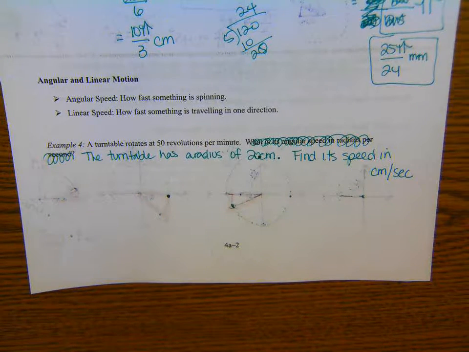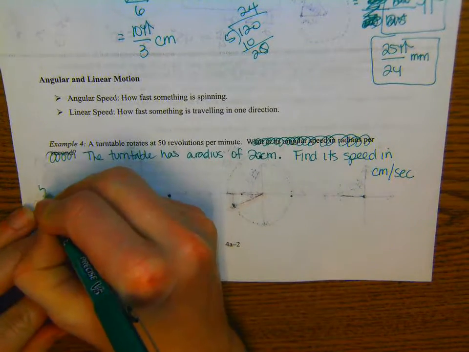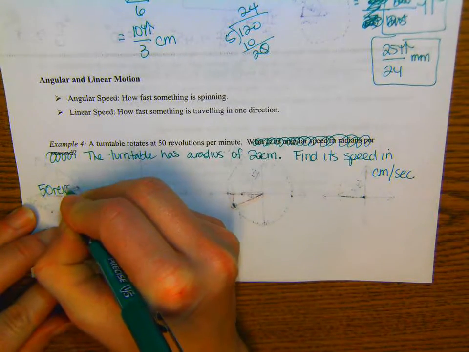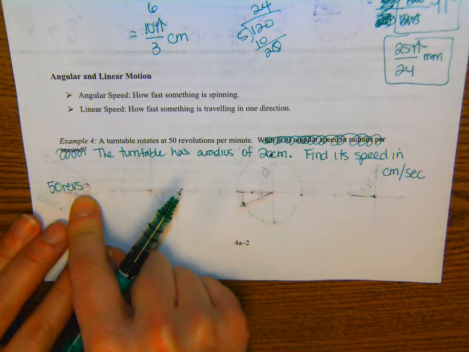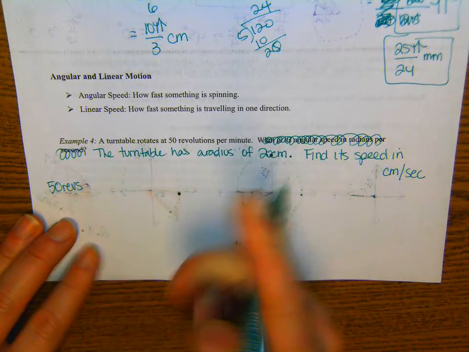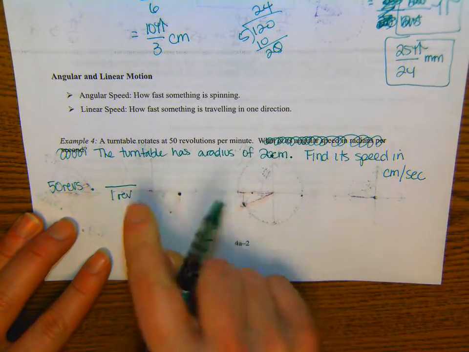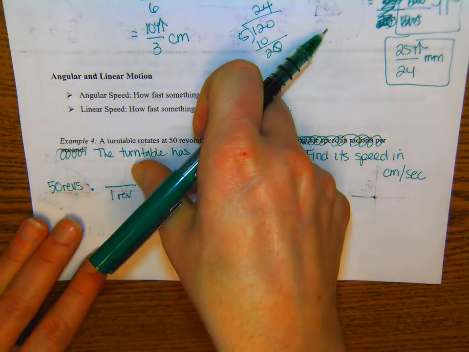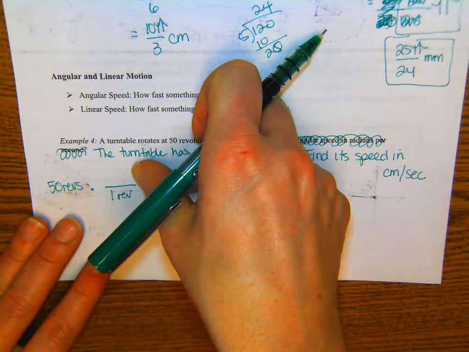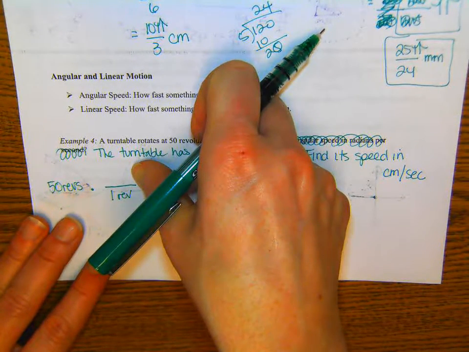At the beginning of class today, I had you write down what one revolution equals. Do you remember what I had you write? One circumference. Okay, so here's what I'm going to start with in problems like this. I am going to put the 50 revolutions down here. And I need the word revolution to cancel. So on the bottom of a fraction, I'm going to write one revolution. And on the top of the fraction, I'm going to write what the circumference is. Because aren't those equivalent things?